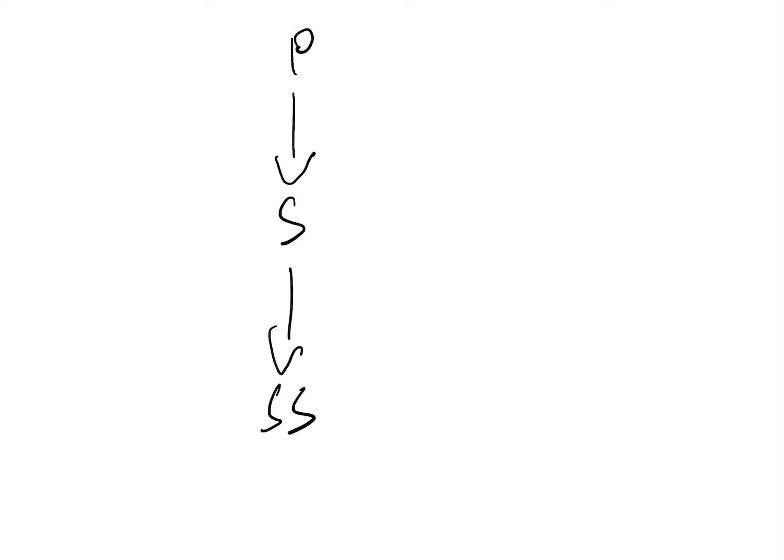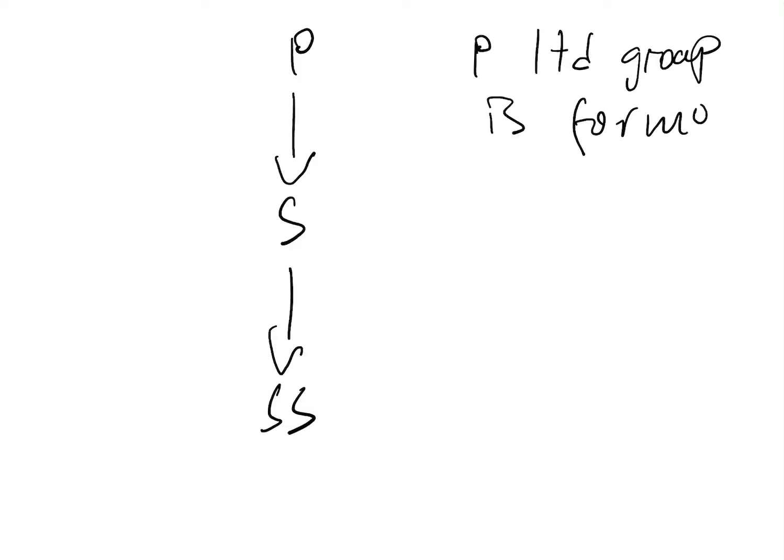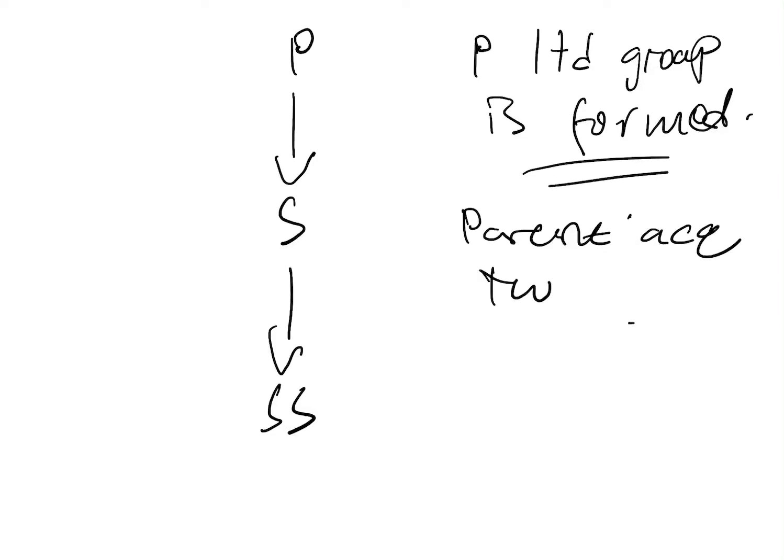The date that we start consolidating is when the P Limited group is formed. Are we together? So when is the P Limited group formed? P Limited group is formed when the parent acquires the subsidiary.